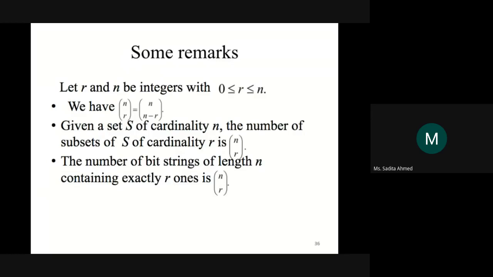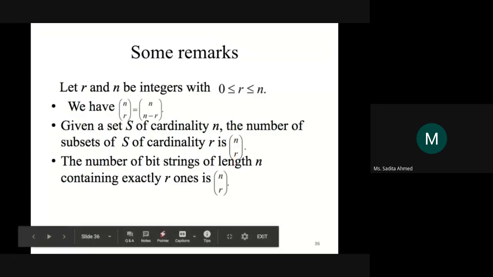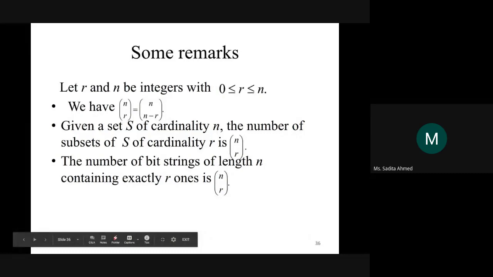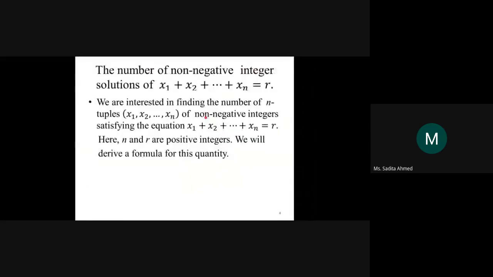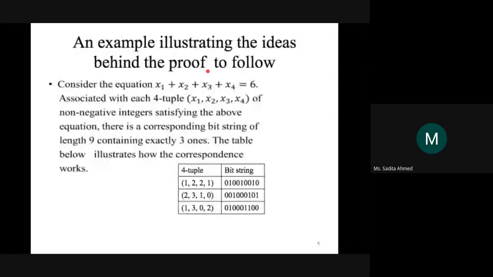Let's just count all the bit strings of length n plus r minus 1, which contain exactly n minus 1 number of ones. That gives us all such bit strings. And all of these bit strings represent the non-negative integer solutions of the equation.